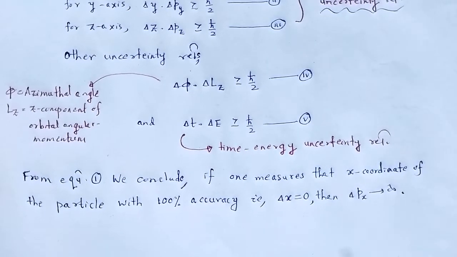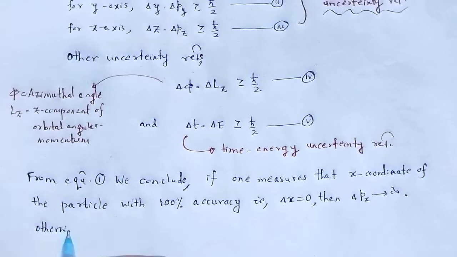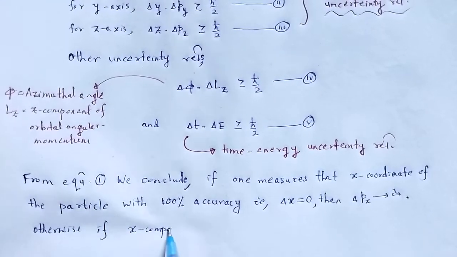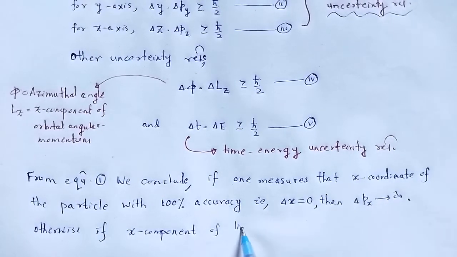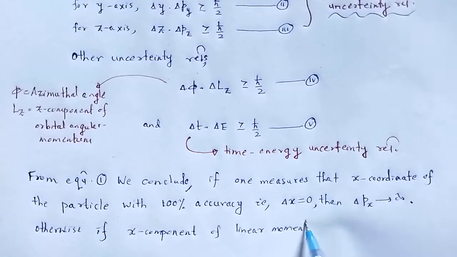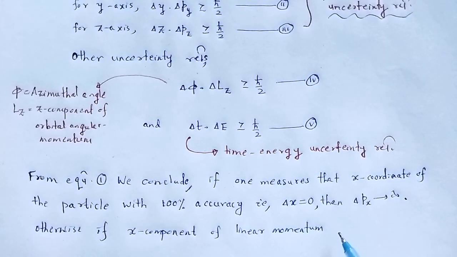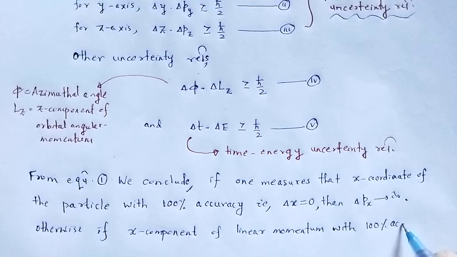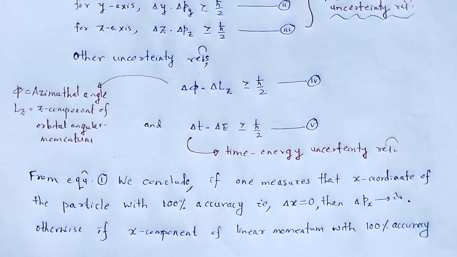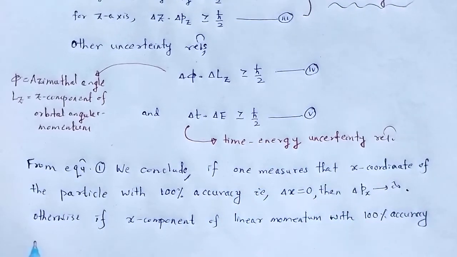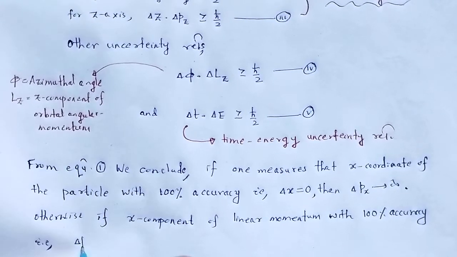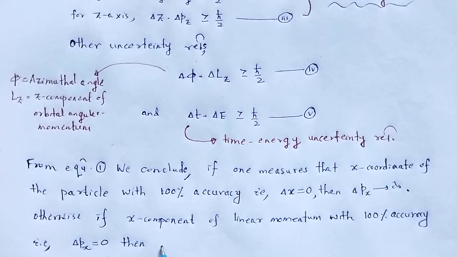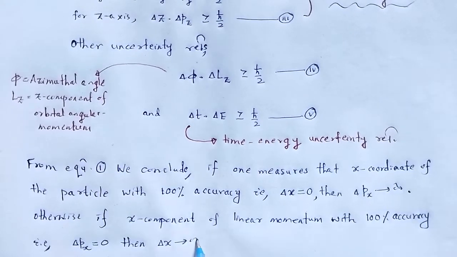Similarly, or otherwise, if the x component of linear momentum is measured with 100% accuracy, that means del px is equal to 0, then that leads to del x tending to infinity.